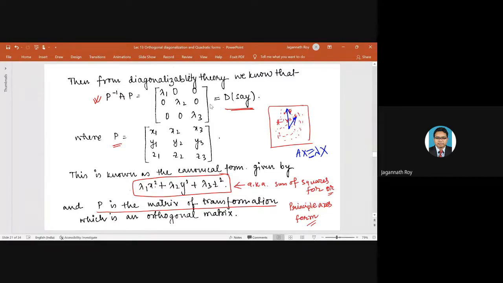So whenever you want to study principal component analysis, if you have data of this form, principal component analysis is very related to this form also, because this quadratic form will have sum of squares.